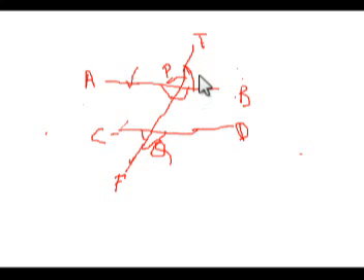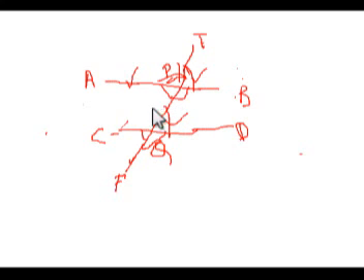And the similar angles: this and this are both similar angles. If the lines are parallel, then you will get the similar angles equal. If the lines are not parallel, then you will not get the similar angles equal. So this angle and this angle are similar angles.